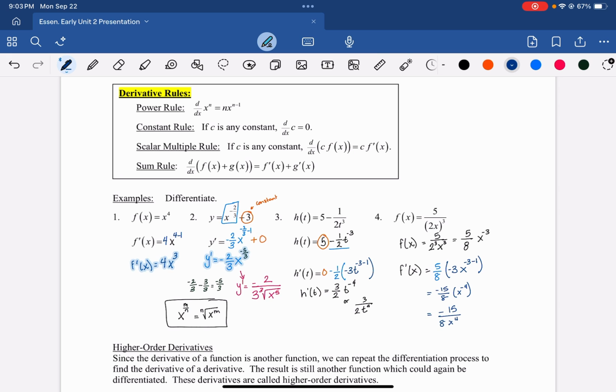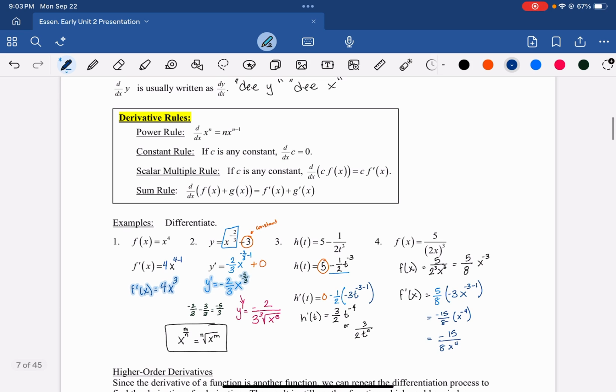So we're going to be practicing these derivative rules. Essentially what these rules allow us to do is to take the derivative without having to go through the limit definition. So I don't have to rewrite and simplify. We can use these ideas. And ultimately, if you forget what they are, you can always go back to that limit definition and use that.